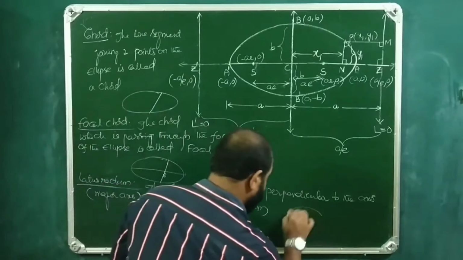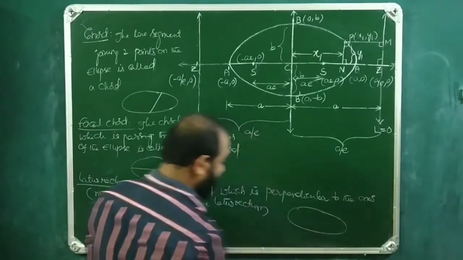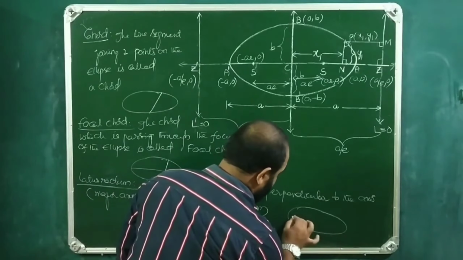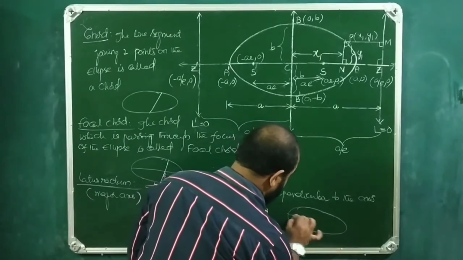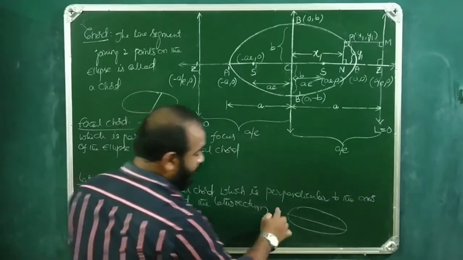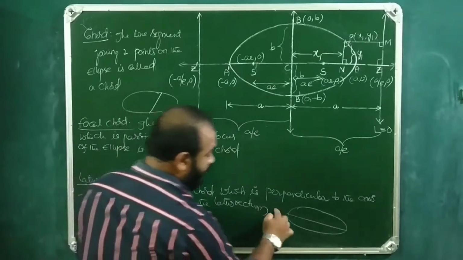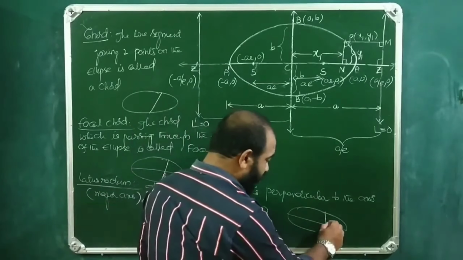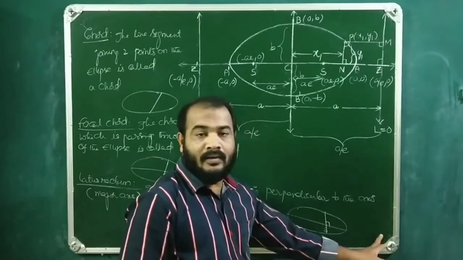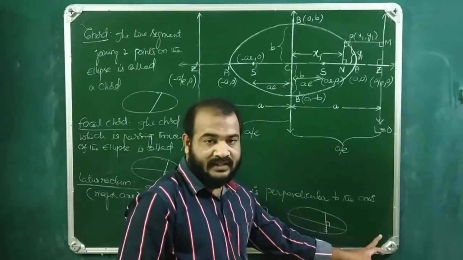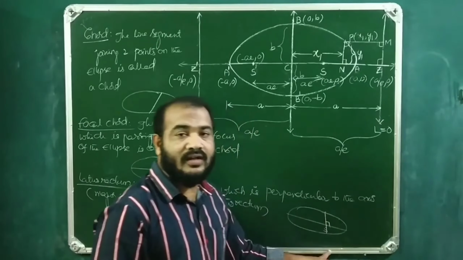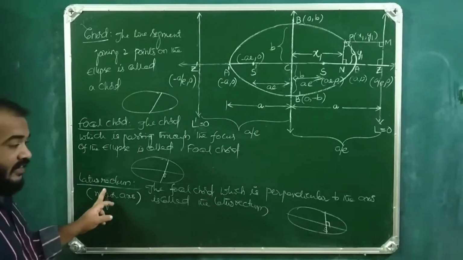This is our ellipse and this is the principal axis, that is the major axis. This is S. Now this line is a chord passing through this focus, therefore it is a focal chord, and this focal chord is perpendicular to the principal axis, which is the major axis. So this line is called the latus rectum.